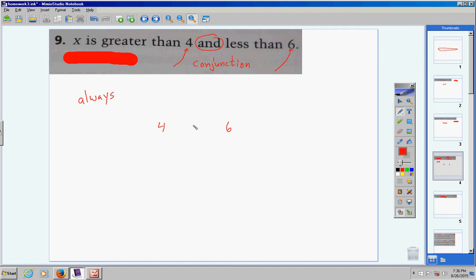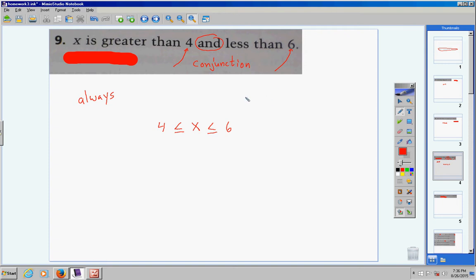Then put an X right here in the middle, alright? And then always point the arrow to the left. There we go. Now, if it would have said X is greater than or equal to, then you would put a line right here. And if it would have said less than or equal to, you would put a line right here. Okay? There we go.